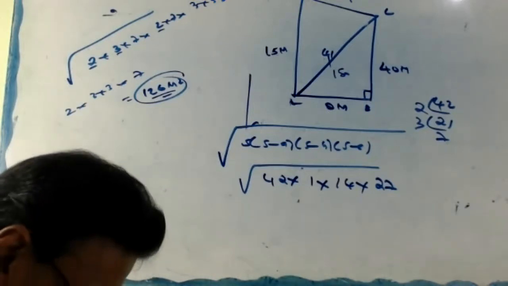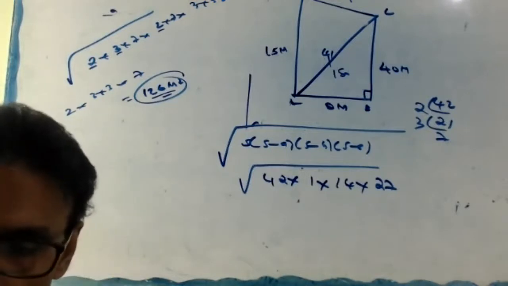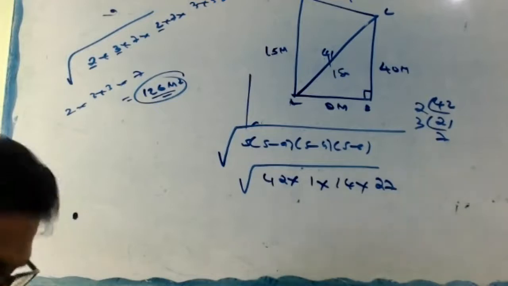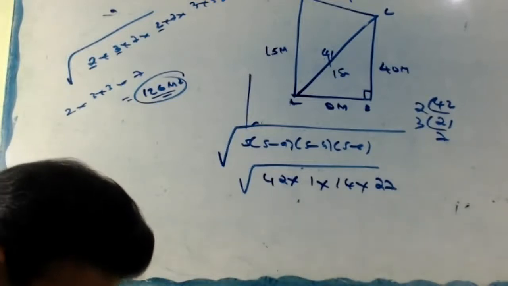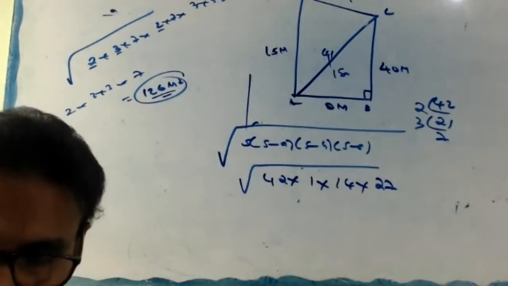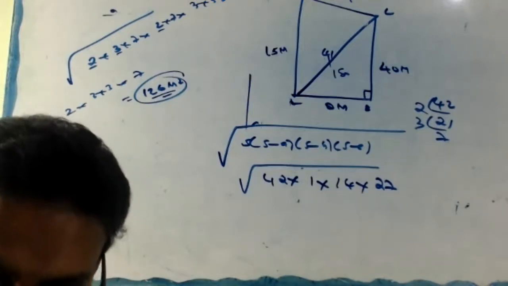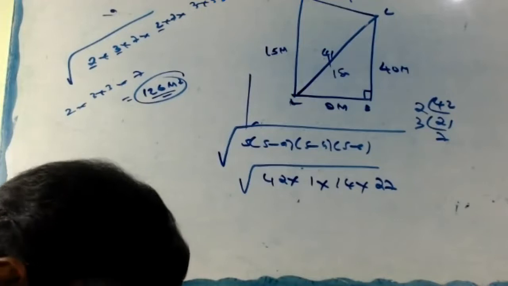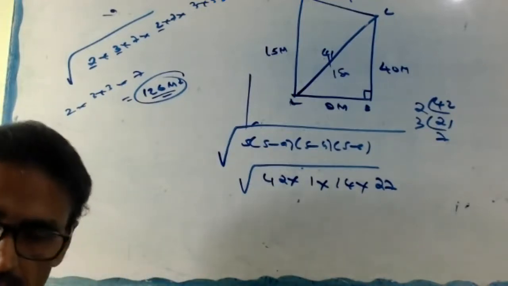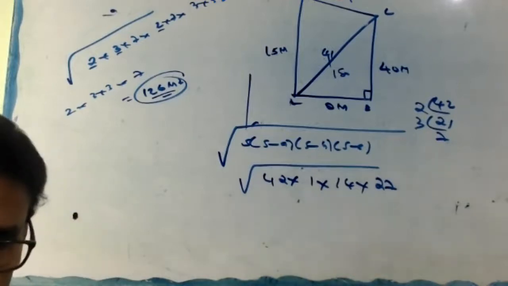And the angle contained by the first two sides is a right angle. Find the area. Do it now.